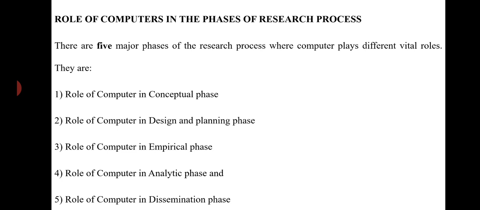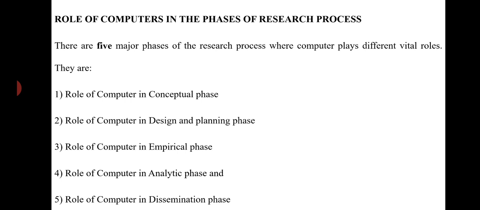Computers are used in research essentially, and are an important tool in the research process. They are very useful when a large number of samples are used. Computers have many storage devices like floppy disks, compact disks, and RAM.